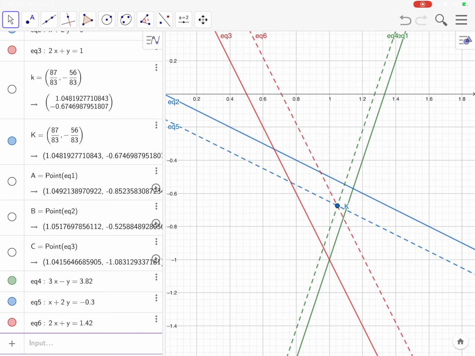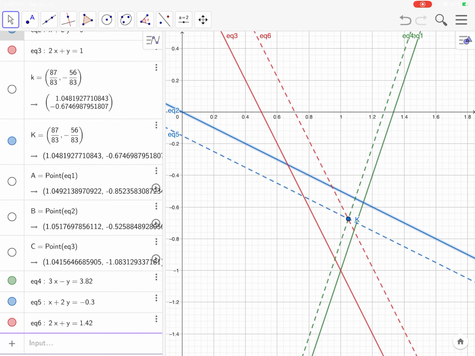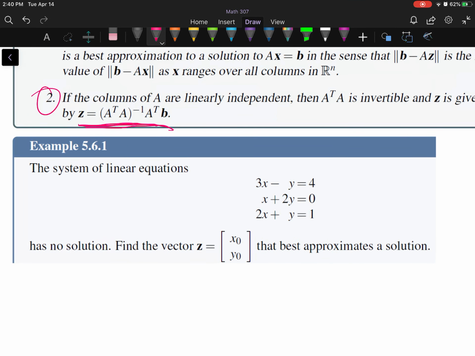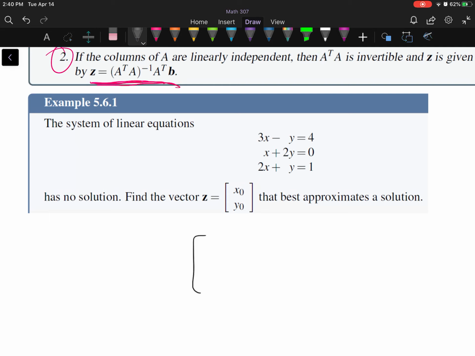I did recreate the original three equations using the least squares best approximation, and it does show you how each of these lines gets shifted in a direction perpendicular to the line, so that they all intersect at this point K. But I think the more helpful visualization of this problem would be to view this as a matrix equation, where our matrix A looks like 3, 1, 2, negative 1, 2, 1.